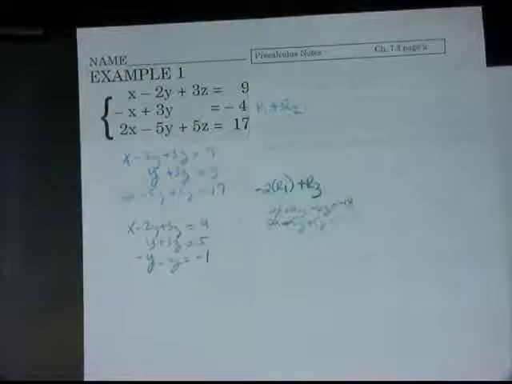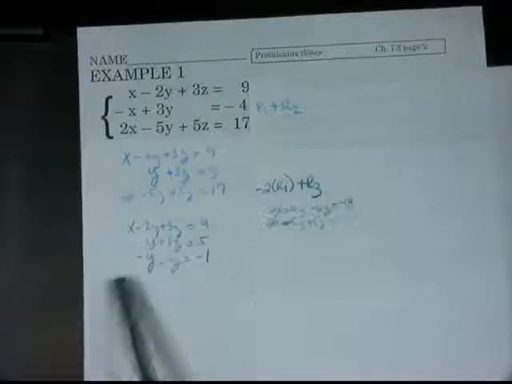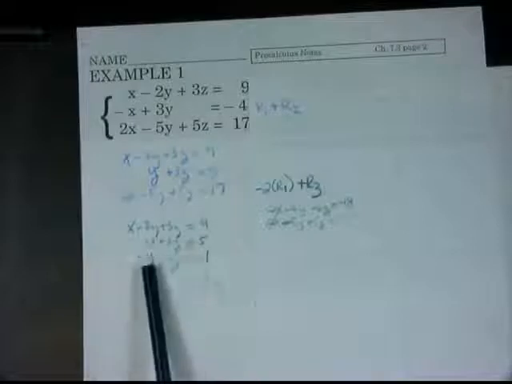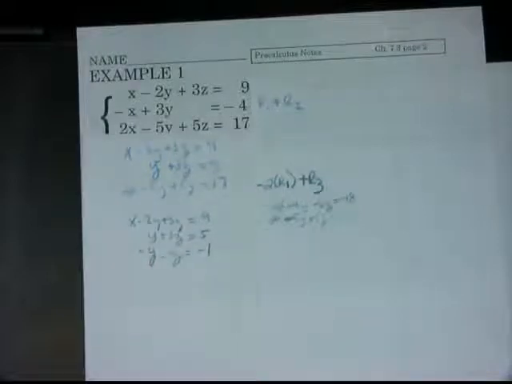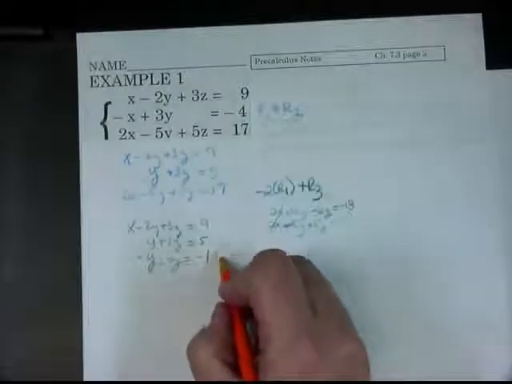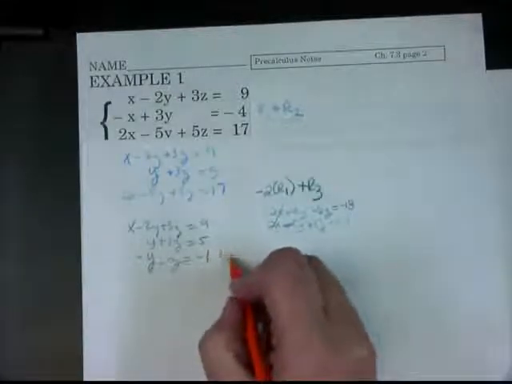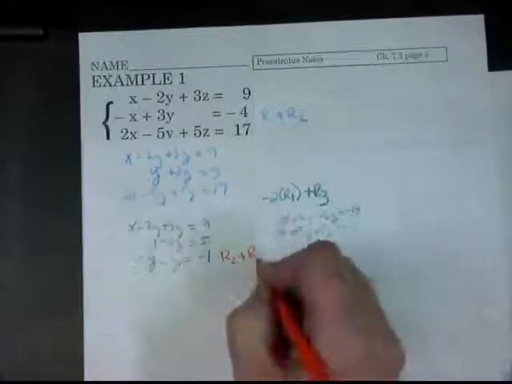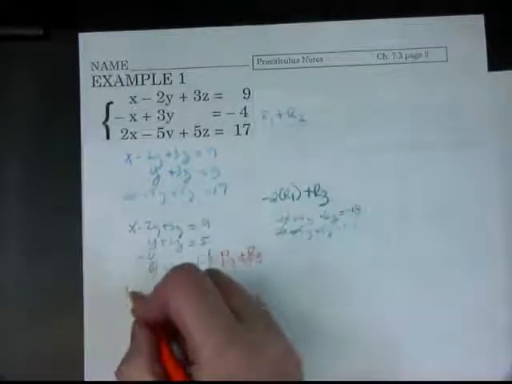Okay, so now I'm getting closer. I got rid of the x's everywhere. I want the y that's in the second one. I don't want the y that's in the third one. So the rule that's going to allow me to get rid of this y is that I'm going to take and add row 2 plus row 3. So row 2 stays.